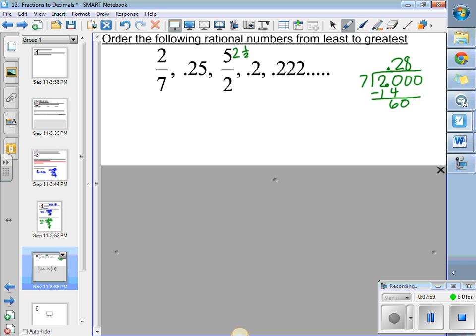Okay, so that gives us an idea of where it is, 0.28 something, right? I don't show you the rest, but that's an approximation, right? So that gives us that. We could keep going, but we don't need to. We just need to figure out about where that goes.